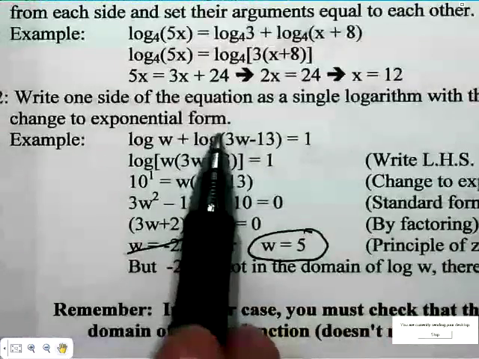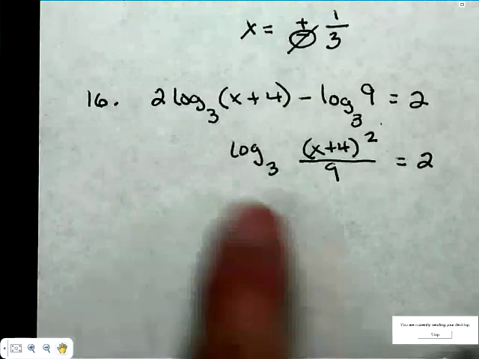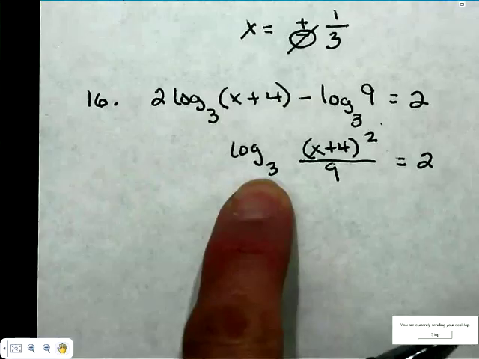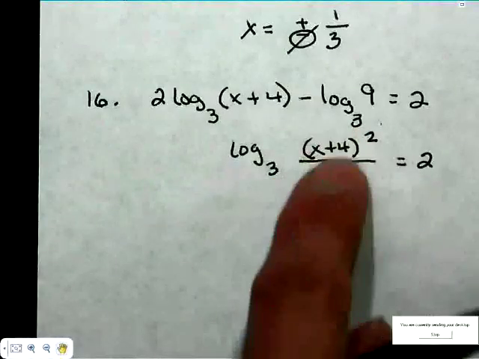All right, in exponential form, what would this be? The base is the same as the base here. The exponent is 2, and then 3 squared equals that argument.